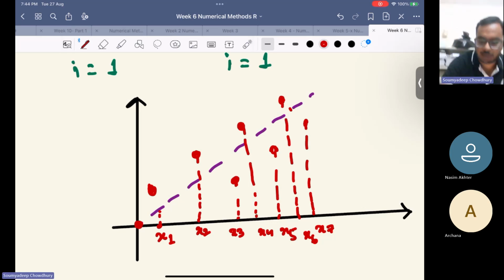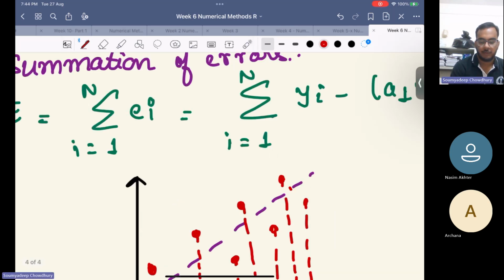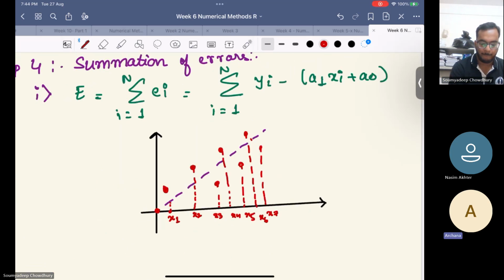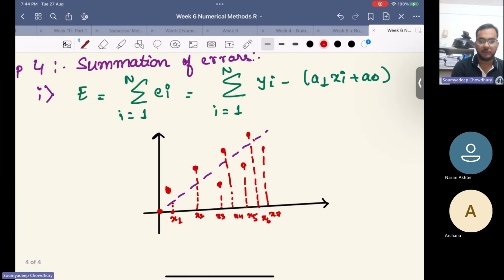Okay, so why do you think it is positive? Archana, can you clarify? Yes. Can you tell me why you think it is positive? It's towards the positive y-axis, so I think it is positive.